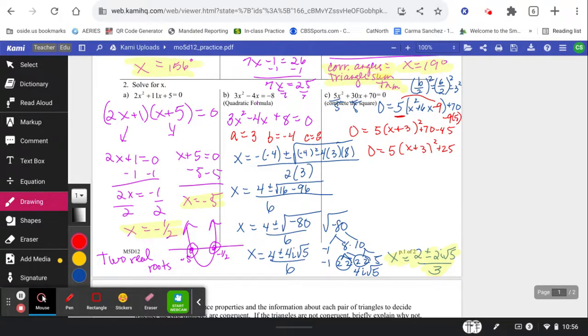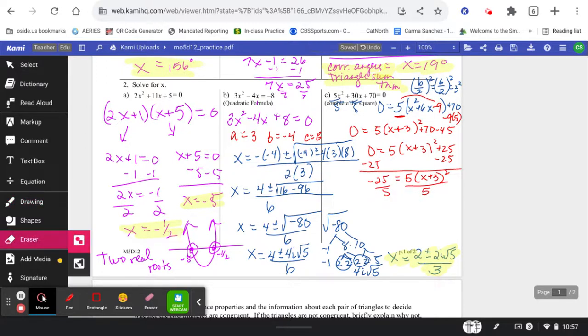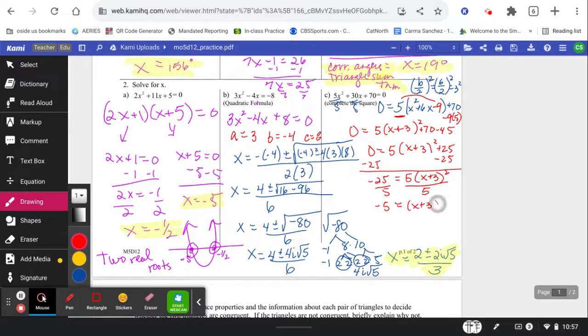And so we're going to subtract 25 from both sides, bringing the constant over. And then divide by 5, giving me negative 5 is equal to x plus 3 squared.